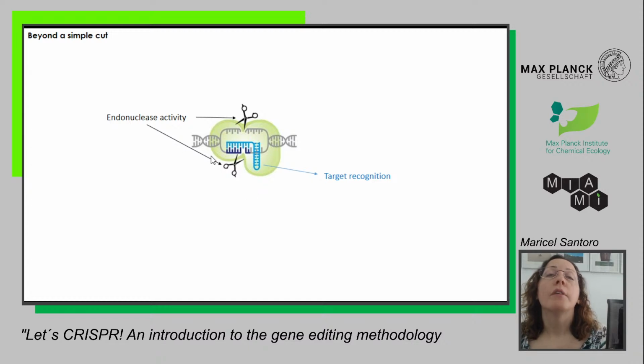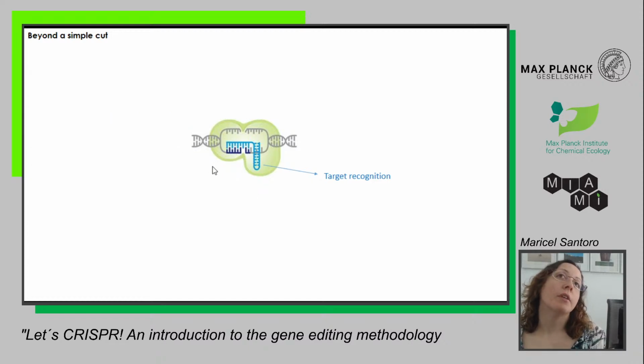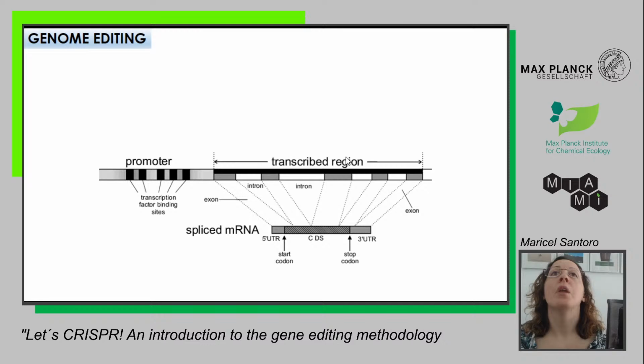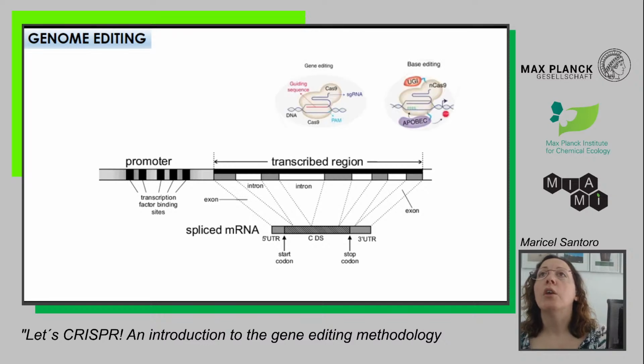But we can, for example, get rid of the endonuclease activity and add another activity, an effector molecule. This molecule can do other things, so we can keep the target recognition and do other things in the DNA. An example of this is normal gene editing versus base editing. Gene editing is what I just told you before: we have a guiding sequence and two cutting activities.